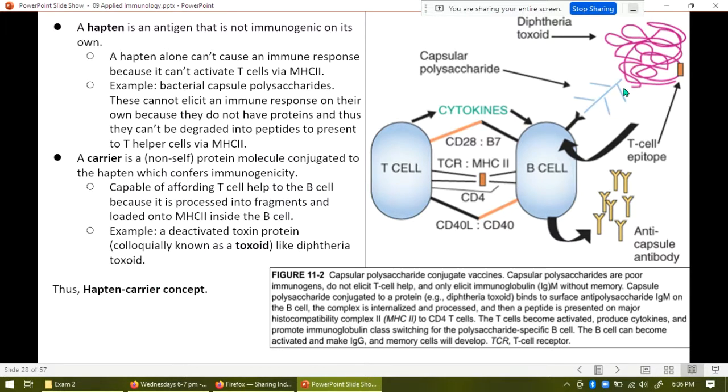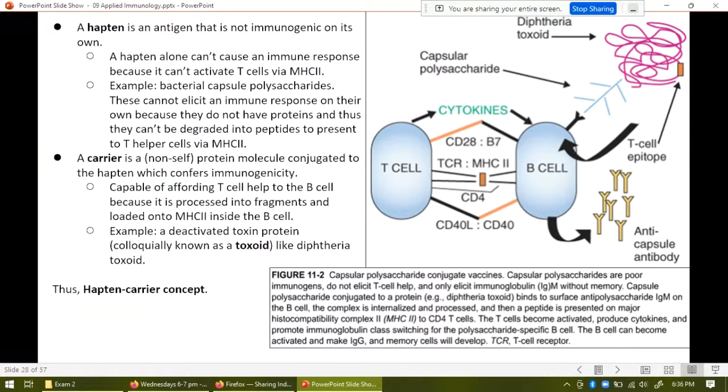You want an antibody response against the hapten, the polysaccharide, so you add a carrier molecule, which is the toxoid, and that allows the B cell to receive T cell help in the form of cytokines. And that drives the B cell to make anti-capsule antibodies and to turn into a memory B cell and to undergo somatic hypermutation and all that fun stuff.